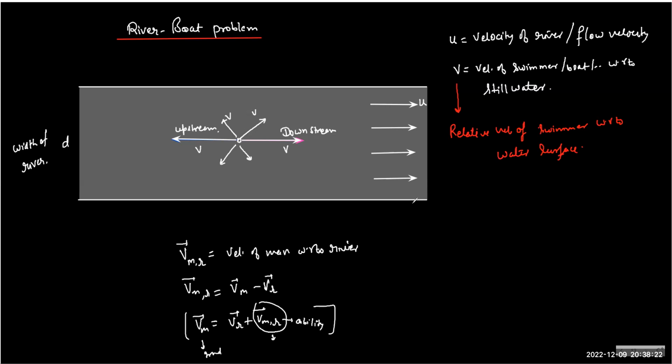So if you're going downstream, your velocity is V and the river will give you additionally U. So what is the net velocity? The velocity of the swimmer will be V plus U.